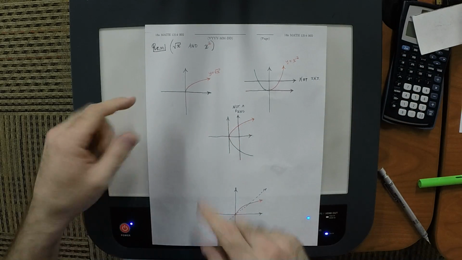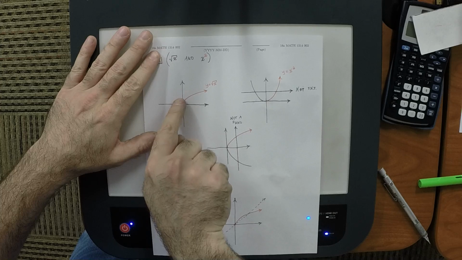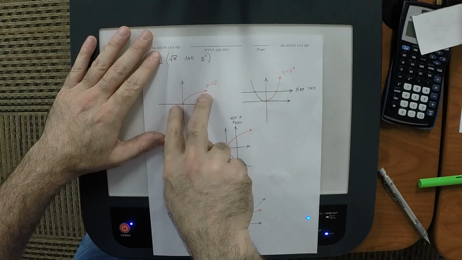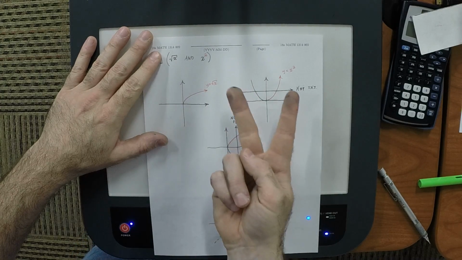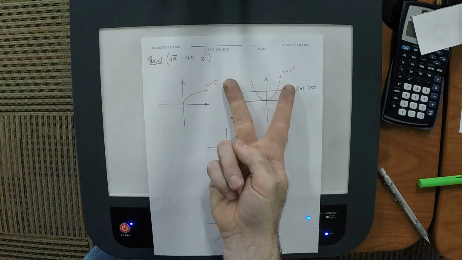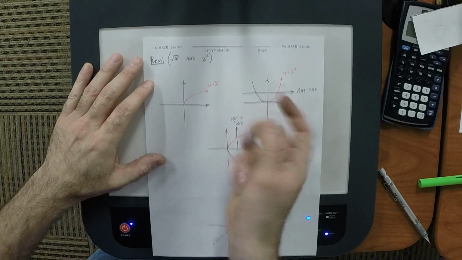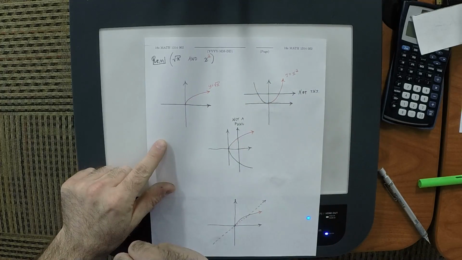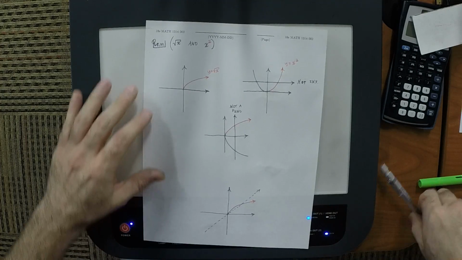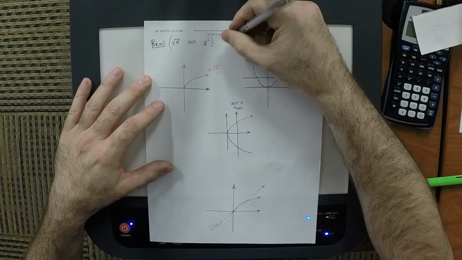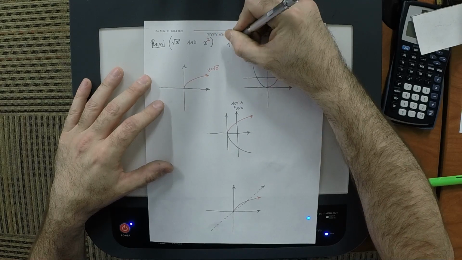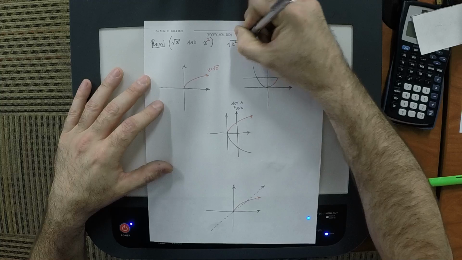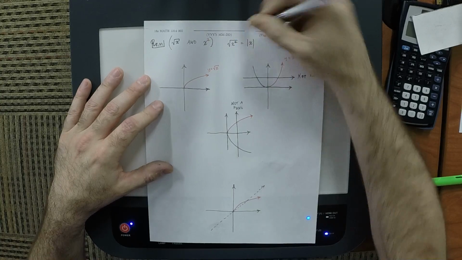Interesting. So the fact that you can get this much red to twist onto that much plot is possible. But the fact that you can't get this much plot to twist and lay only on top of this one, that's the reason why the square root of x squared is the absolute value of x.